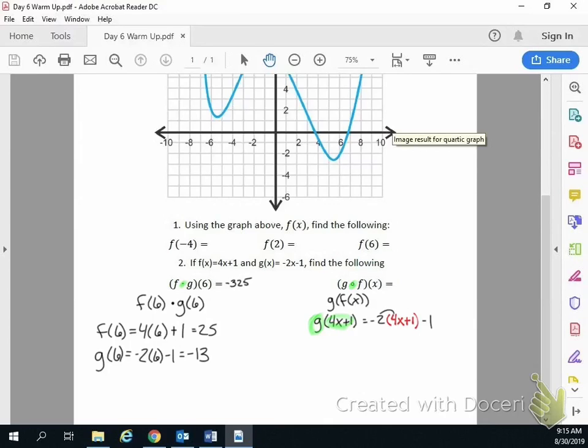So negative 8x minus 2 and then minus 1. And so I'd have negative 8x minus 3. Which we might have done that wrong on yours. On the back, yeah. I think I worked through that one with you, and I might have. Okay. Any questions on this?